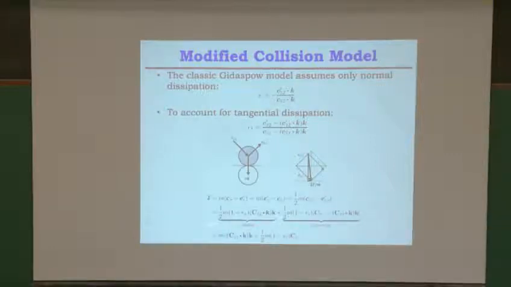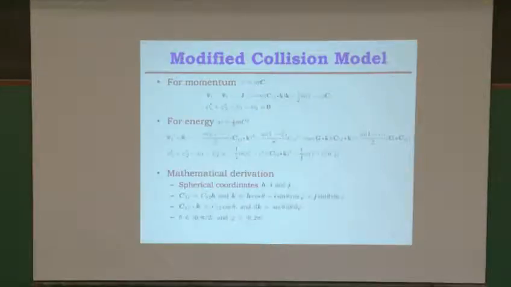So what happens when you account for the tangential dissipation is you end up with this term over here. In the original Geddes-Fowles model, you have this term, but if you account for the tangential type of dissipation, you end up with this term shown here. That can then be combined to give this expression.